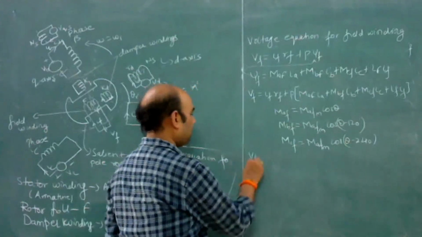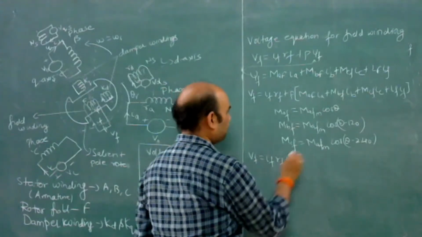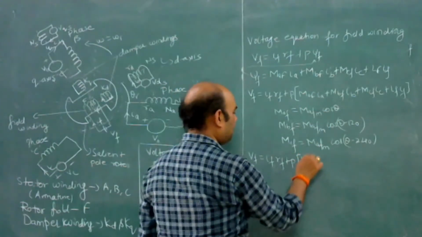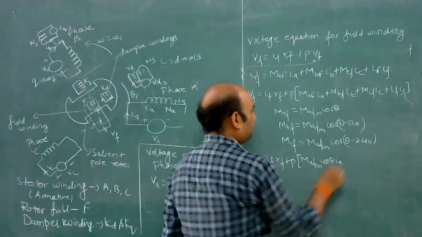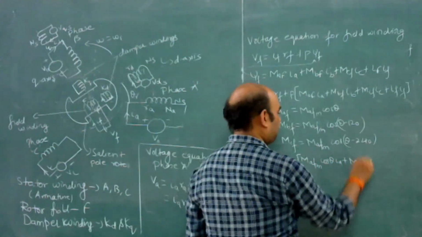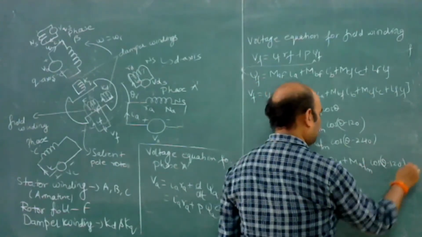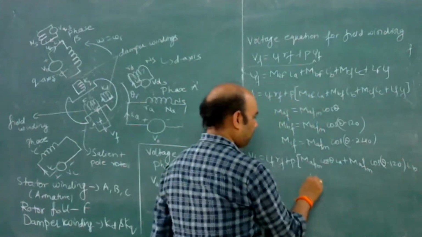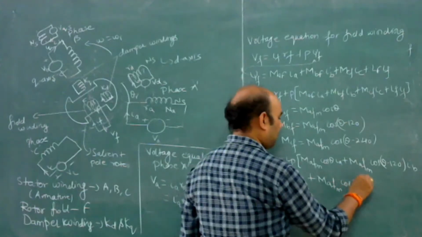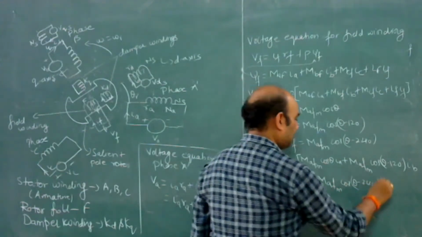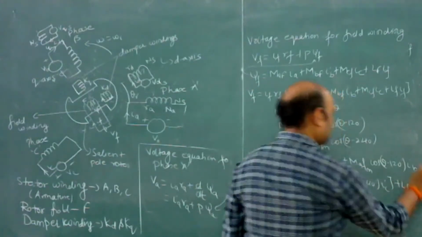So VF will be equal to IF into RF plus P times MAF cos theta into IA plus MAF cos theta minus 120 degree into IB plus MAF cos theta minus 240 into IC plus LF into IF.